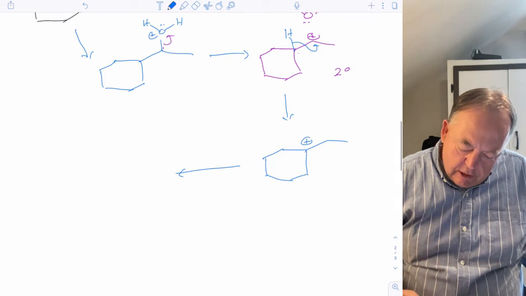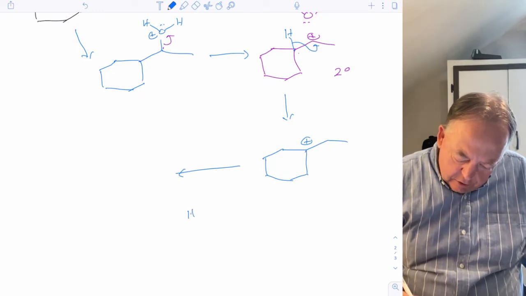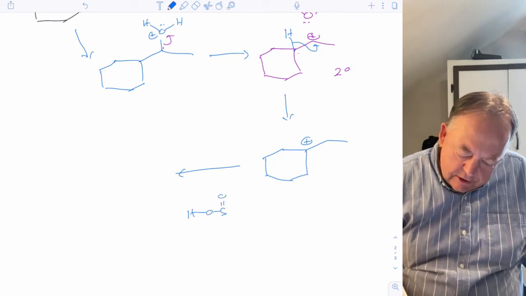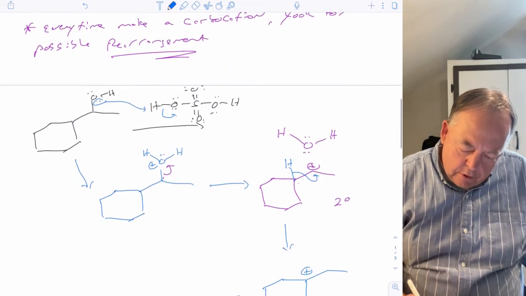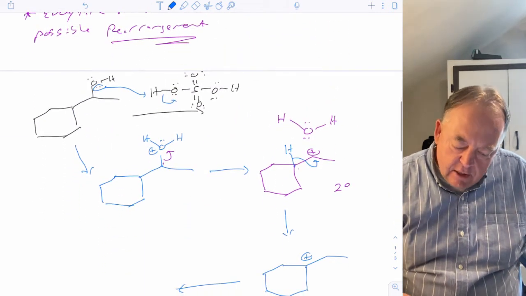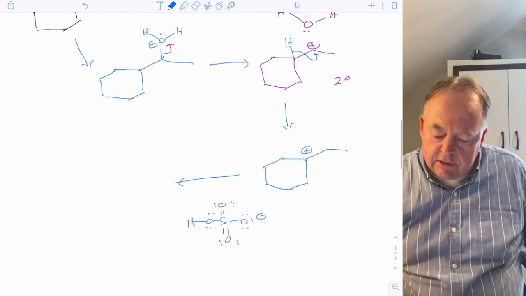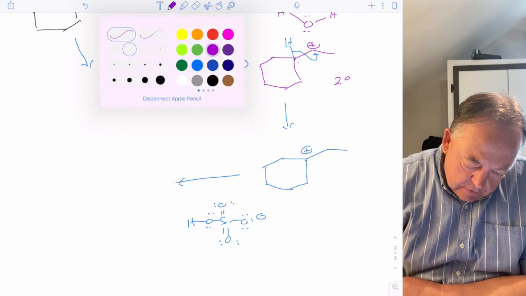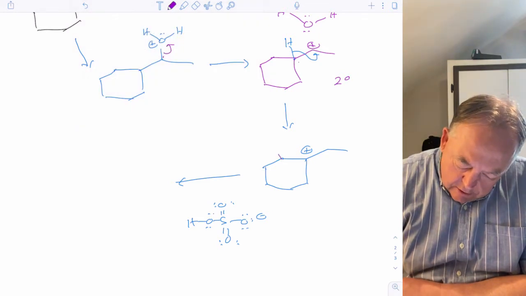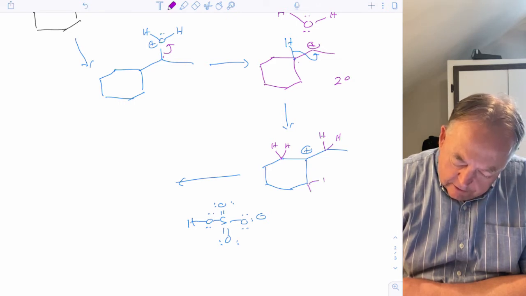And so now when you do the elimination, it could be a water molecule that takes a hydrogen off, or you do now have HSO4 minus, right? Because in the first step, when H2SO4 lost a hydrogen, you created an HSO4 minus molecule. And so at this point then, you could lose a hydrogen from any carbon adjacent to the carbocation.